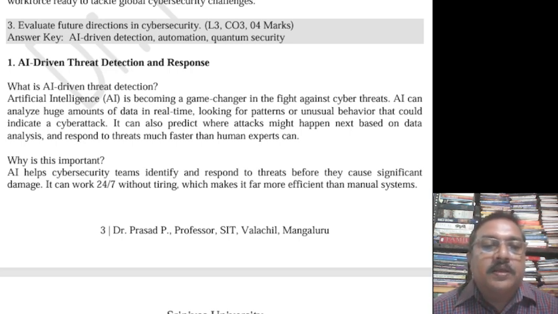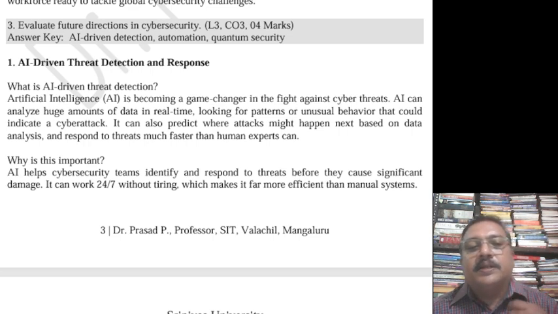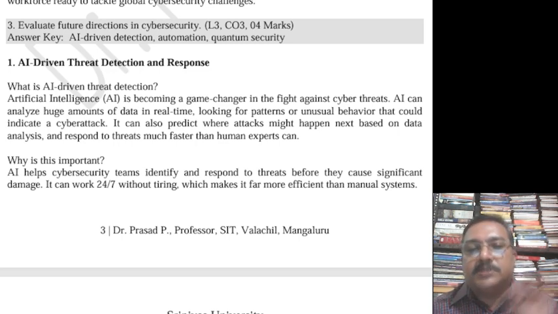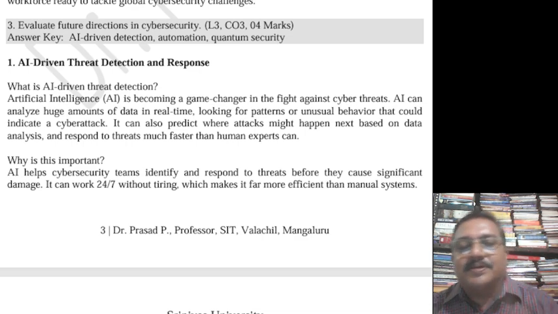So artificial intelligence will help the cyber security teams to identify and respond to such threats. Maybe a big threat is coming, so the team will be ready to block it and stop a huge or significant damage. And the AI can work 24/7, no need to sleep. It is a system.